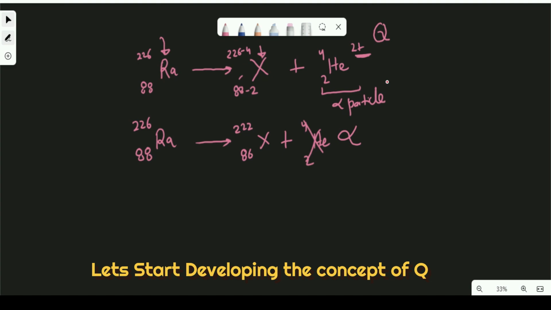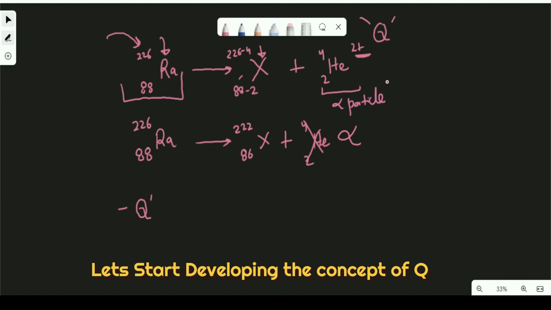All right. Now let's discuss what is the Q of the reaction. The first thing is, in the case of this scenario or any other scenario, whenever a nuclear reaction happens, the Q, before you write the Q, you have to write what is the mass on the left hand side. This is the place where the whole story starts, right?